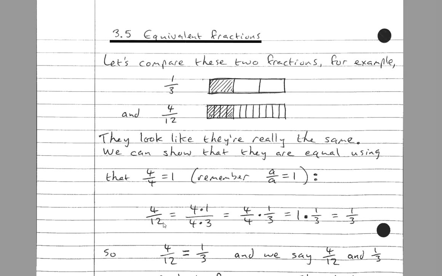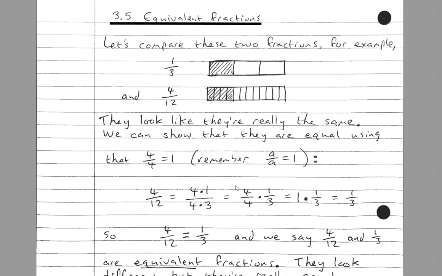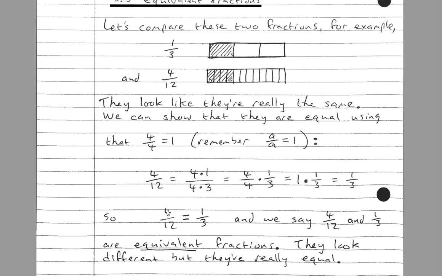All right, so hope you followed that. We'll see this in a minute. So really, it's called canceling. So we cancel these 4s. All right, so 4/12 is equal to 1/3. Even though they're different looking fractions, we say they're equivalent if they represent the same number.